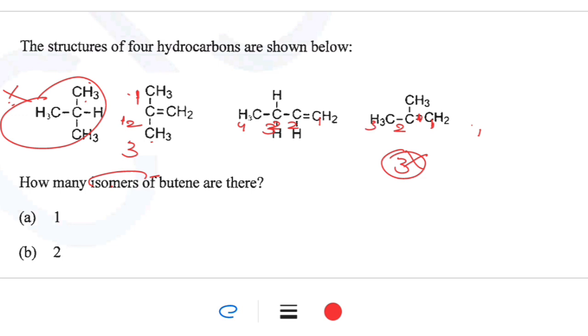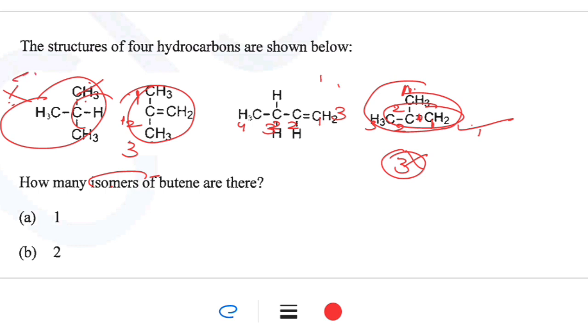So can you see this structure and this structure are exactly the same? Even if you start numbering from the other side, 1, 2 and 3, the double bond is at the second carbon. So this structure and this structure are exactly the same.